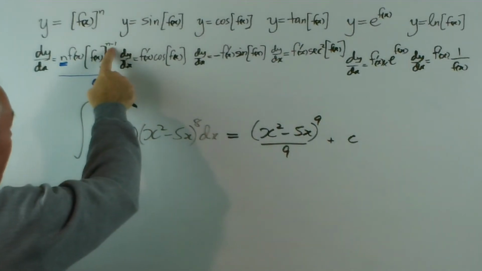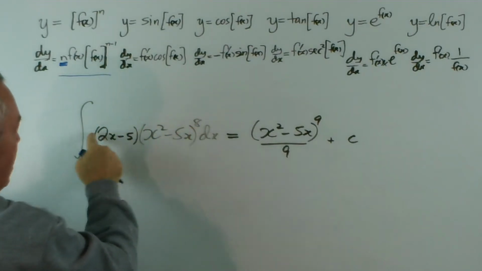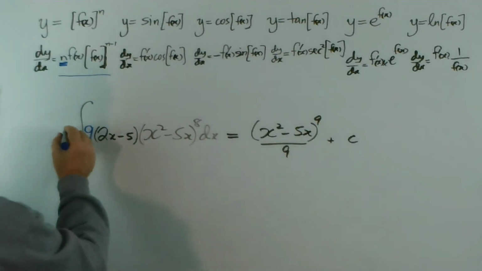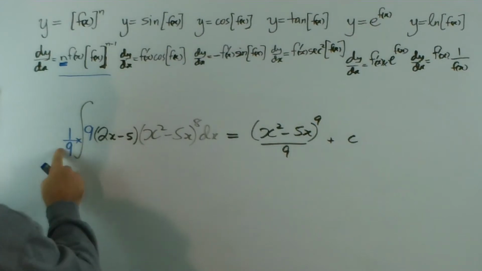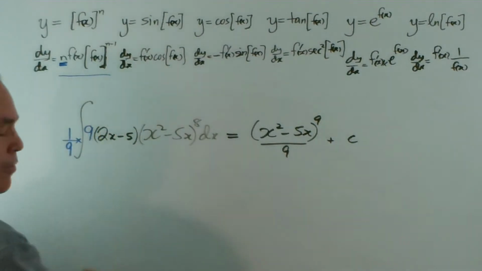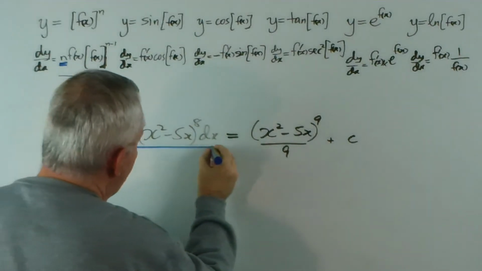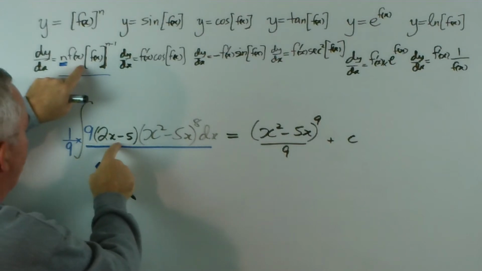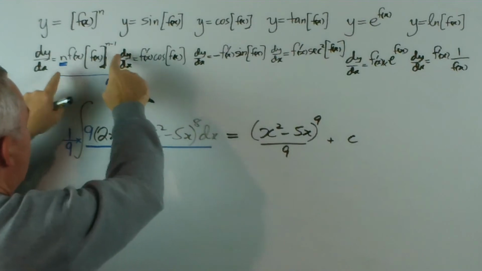Now if this is 1 less than that, so if this is an 8, this has to be a 9, and I would love to have a 9 there, in which case, to compensate, I would write 1/9 out the front, because 1/9 of 9 is 1, it makes no difference. And now this integral is exactly that pattern. I've got the n, I've got the derivative, I've got the function to the power, and the power and this number match.